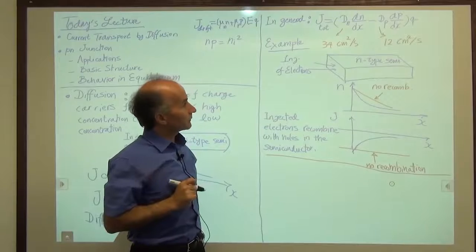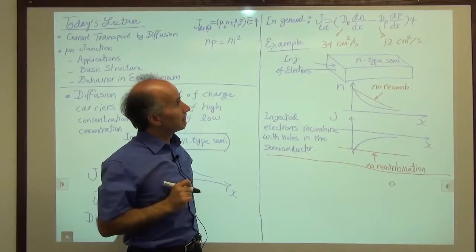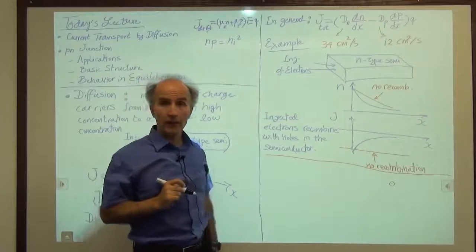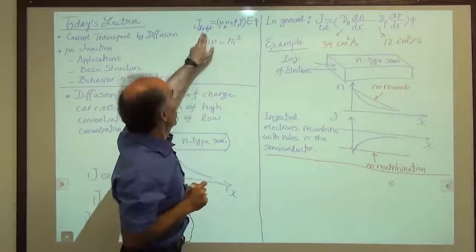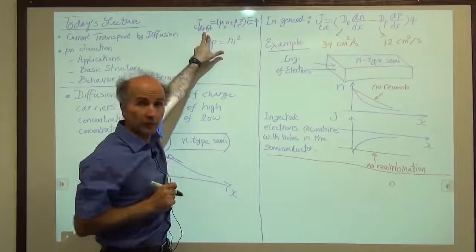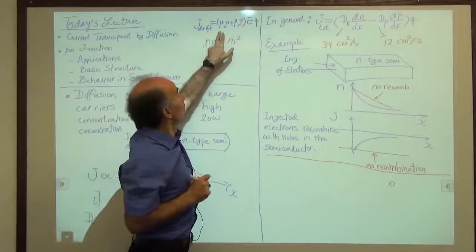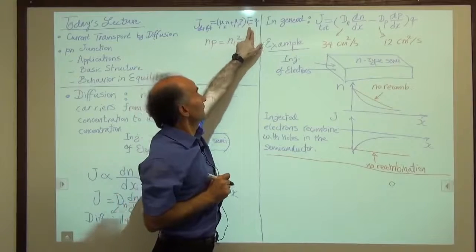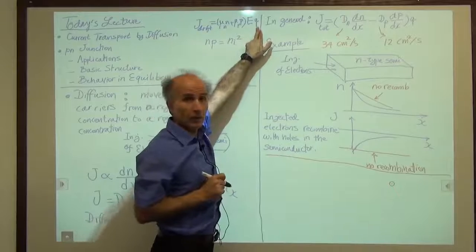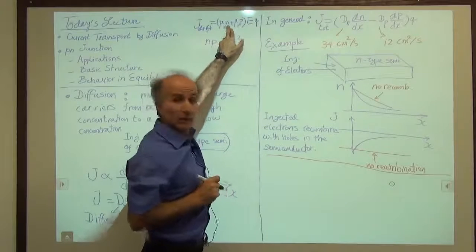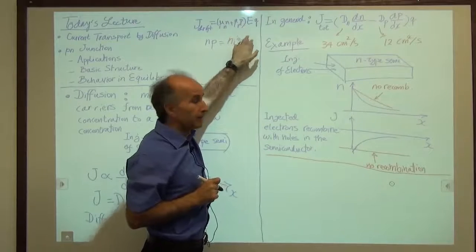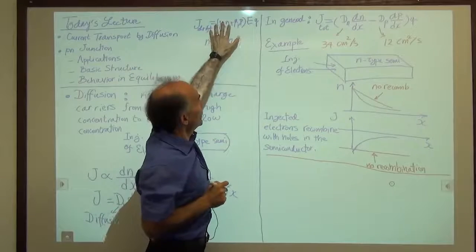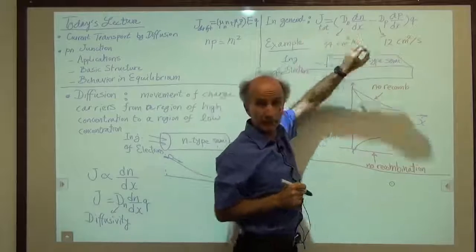Okay, now let's go back to the concept of drift. Remember, for drift, this is what we had. We said the current carried by drift is given by the mobility times the electric field times the electron charge times the concentration of electrons, or concentration of holes. So that is a drift current, and that's the diffusion current.